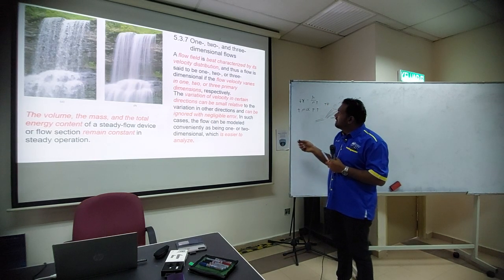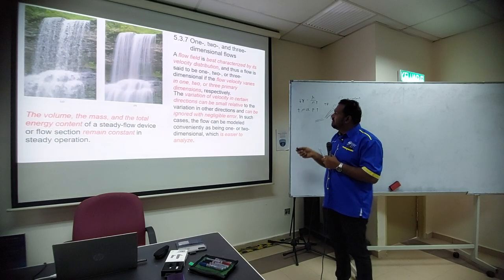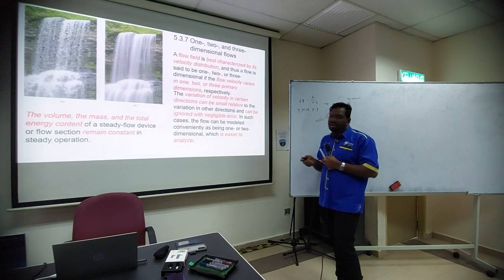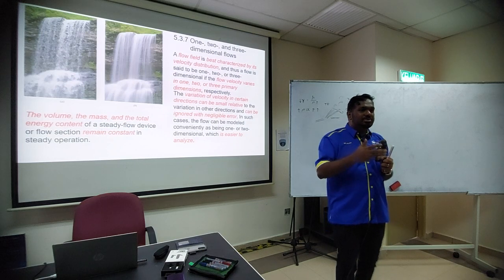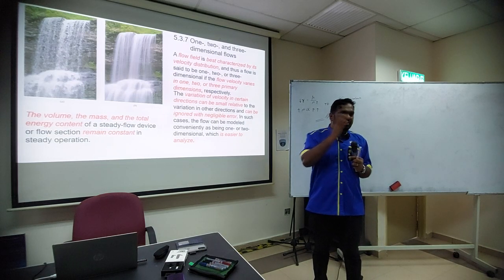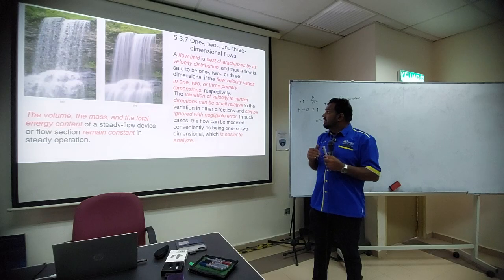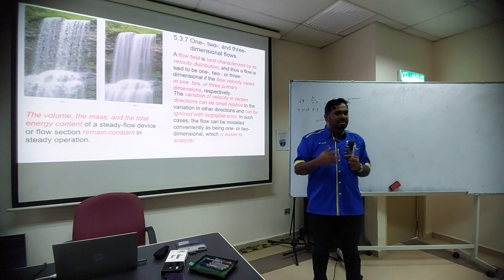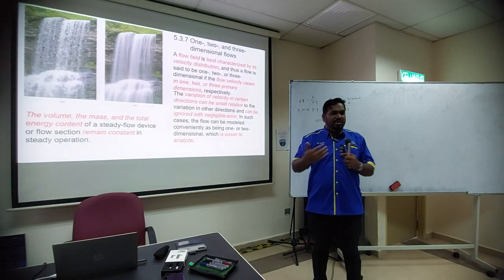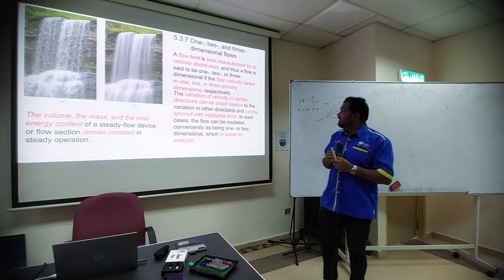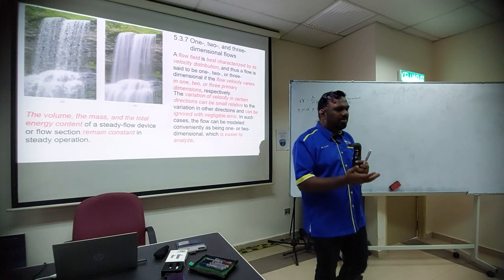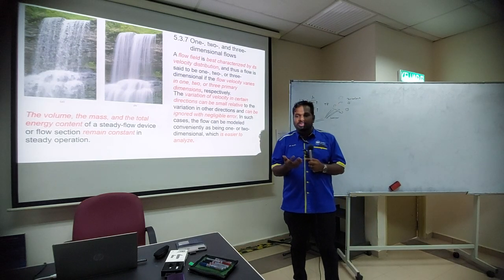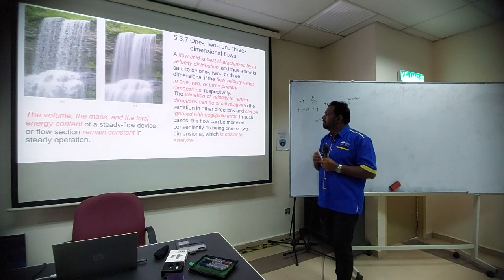Thus flow is said to be 1, 2 or 3 dimensional if the flow velocity varies in 1, 2 or 3 primary dimensions. Meaning, let's say velocity is moving in one direction, and 2 directions we can normally imagine, but 3 dimensions will be in various angles. So we need to determine whether it's a one dimensional problem, a 2 dimensional problem or a 3 dimensional problem.